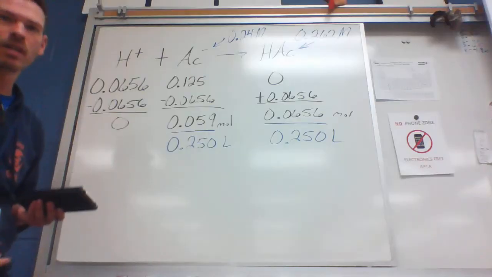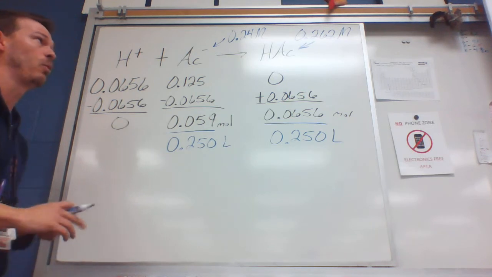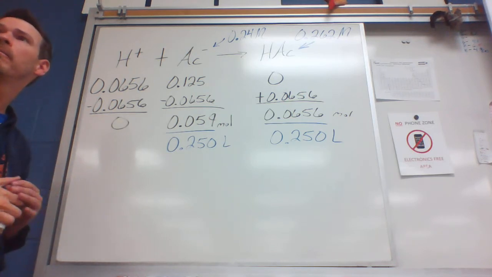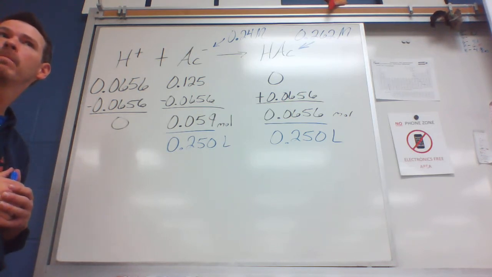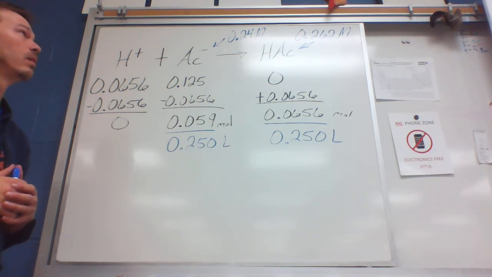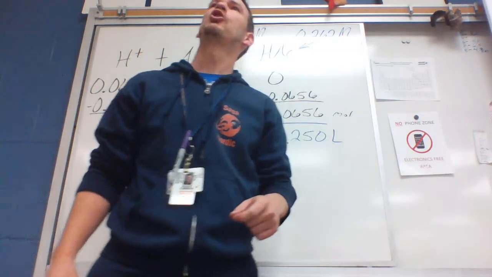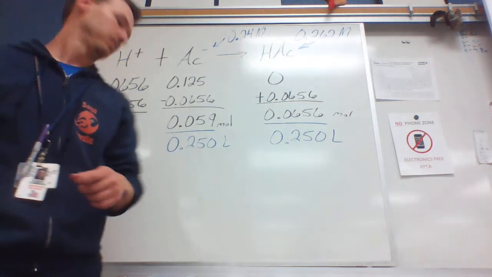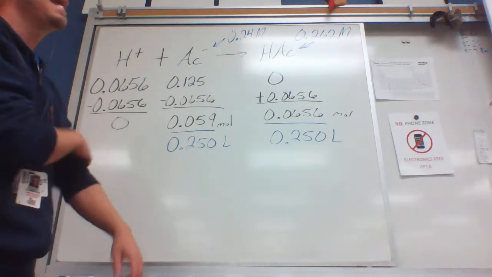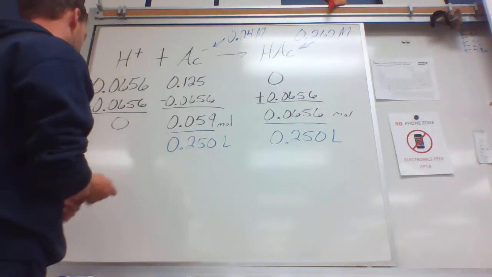That'll be the concentrations of those guys at the end, 0.262 molar. How are we feeling? By putting 125 mils plus 125 mils. And now, this should be just such child's play.